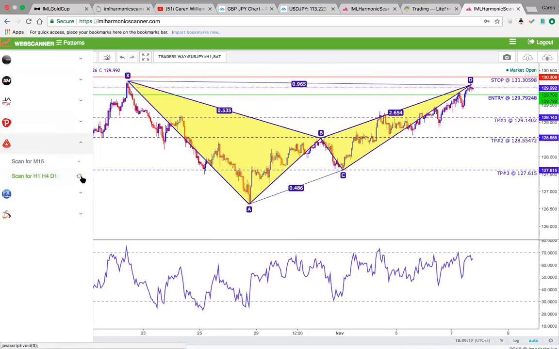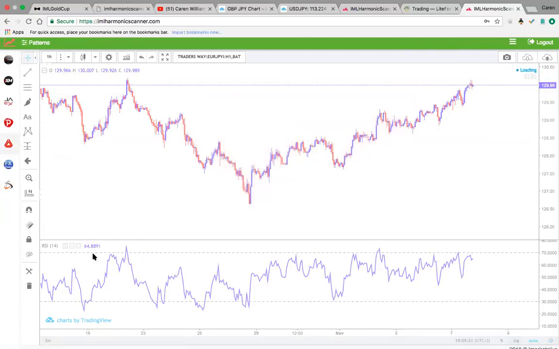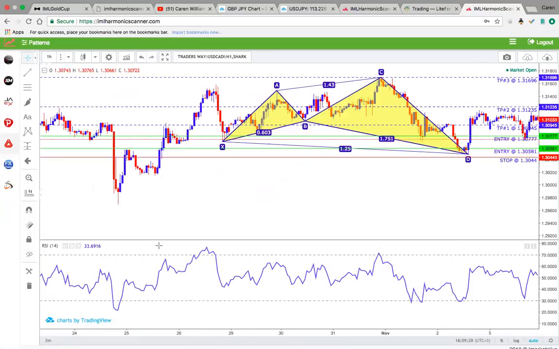And then we have, let's get to the USD CAD, the M formation, as you can see here, which shows you to buy a trade.